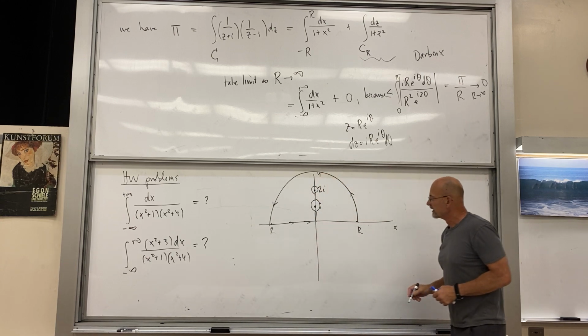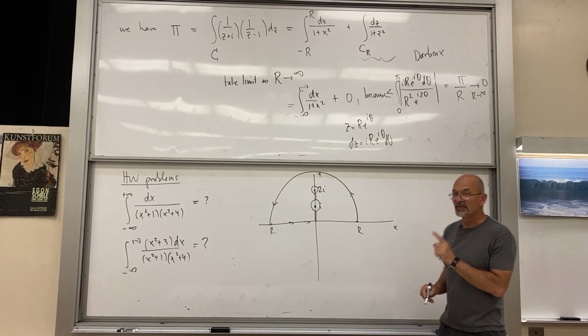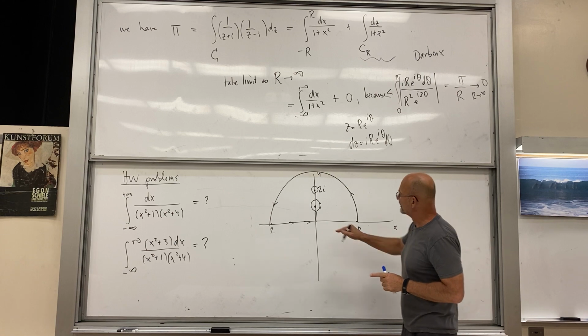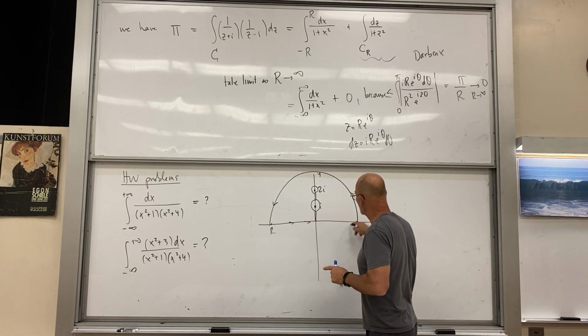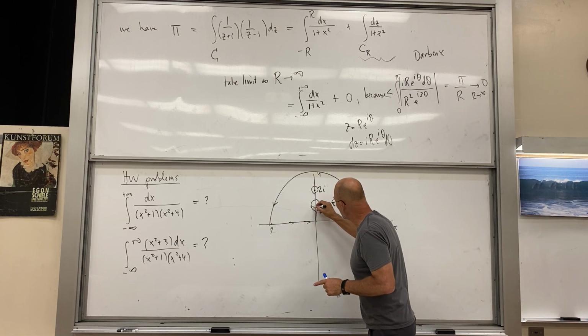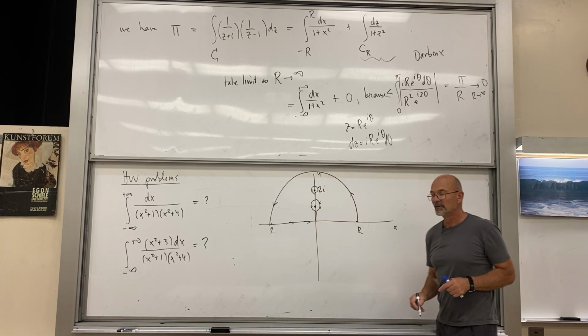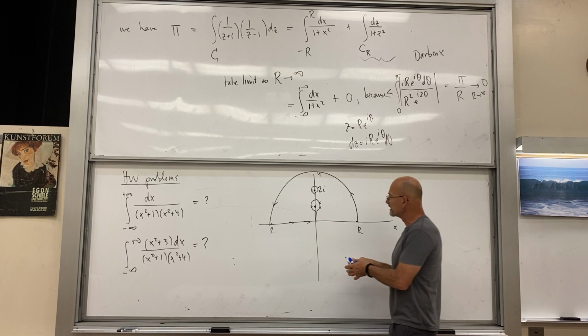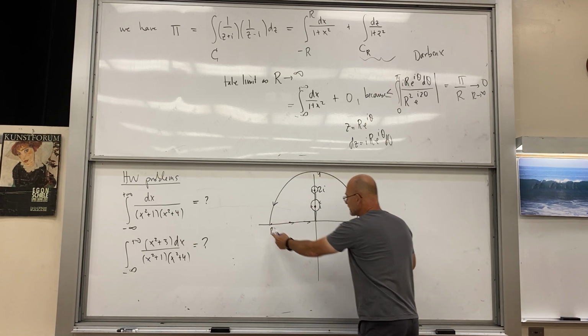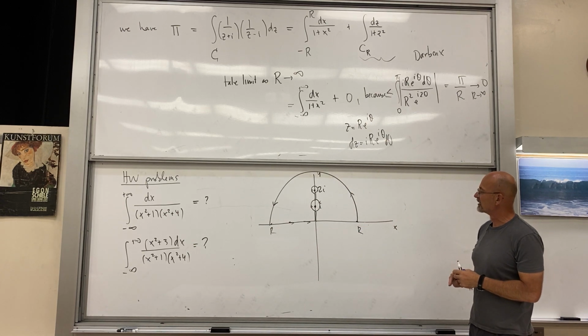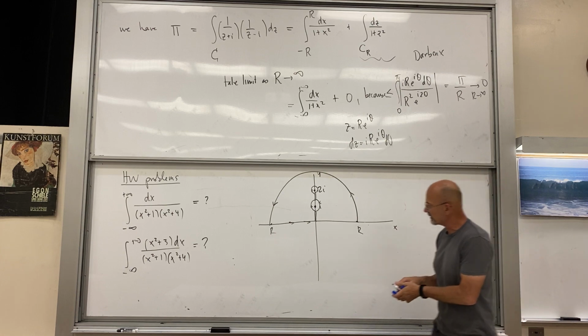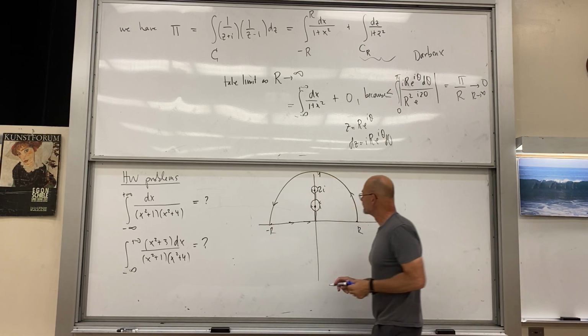The Cauchy integral theorem gives us 0 for this entire curve, including these clockwise portions. The one we want is the limit as R goes out to plus or minus infinity, minus R.